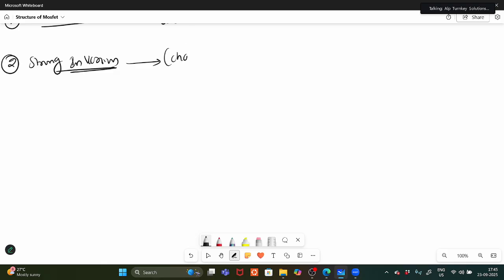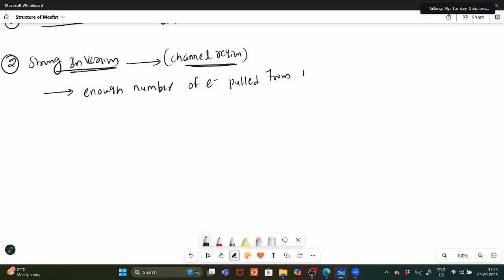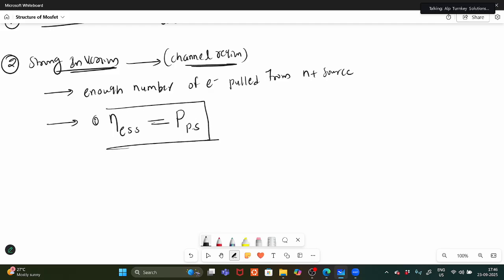Enough electrons are pulled from the n plus source. So the condition is that the concentration of electrons in the surface of the substrate equals the concentration of holes in the p-type substrate. Then strong inversion layer will be formed.